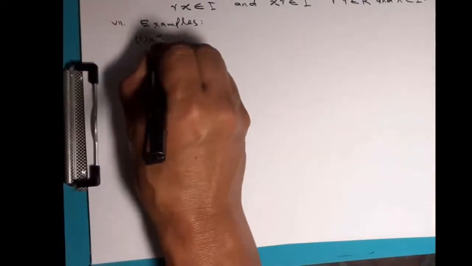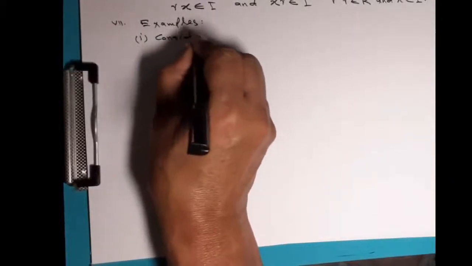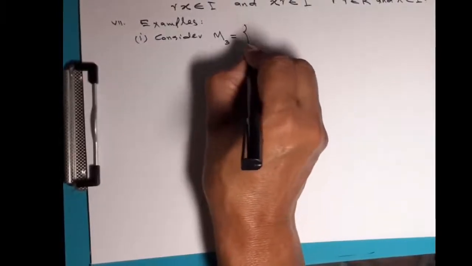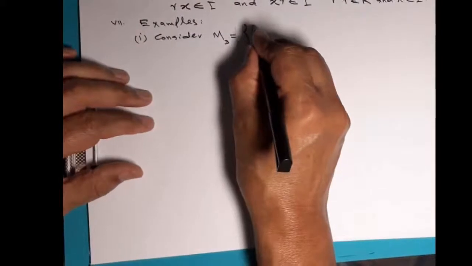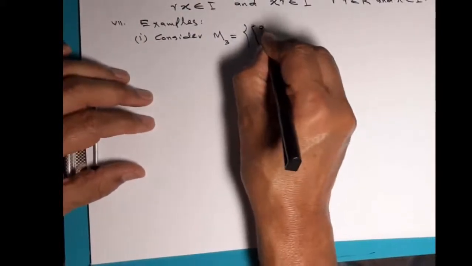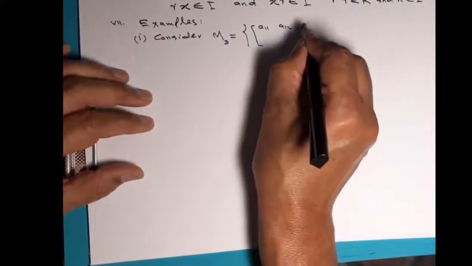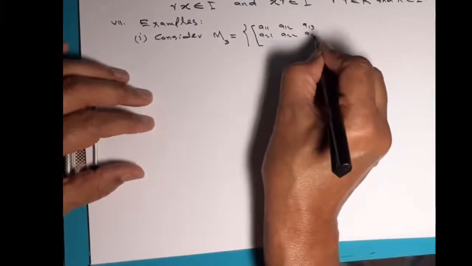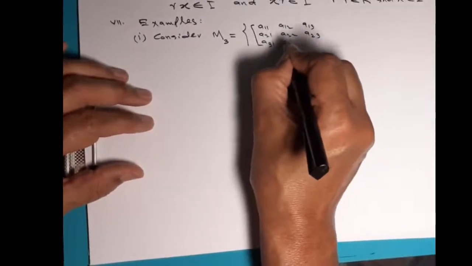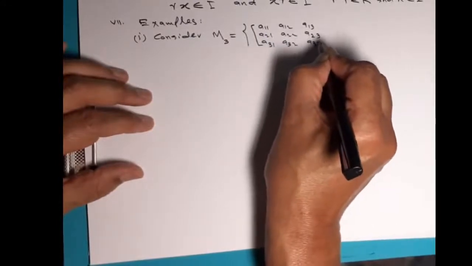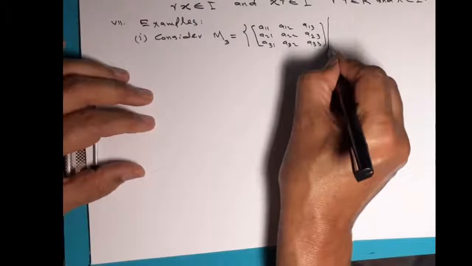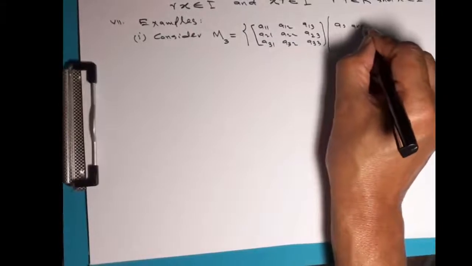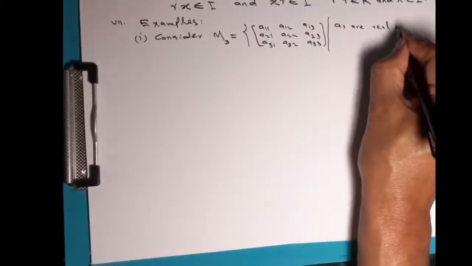So consider M3. M3 is equal to a ring of matrices with entries a11, a12, a13, a21, a22, a23, a31, a32, a33, such that the a's are real numbers.